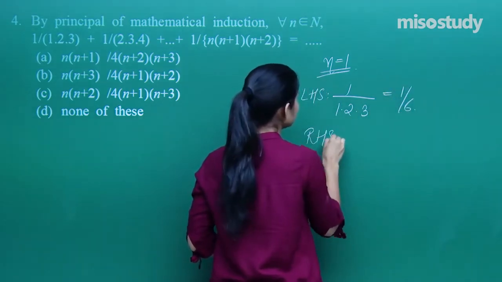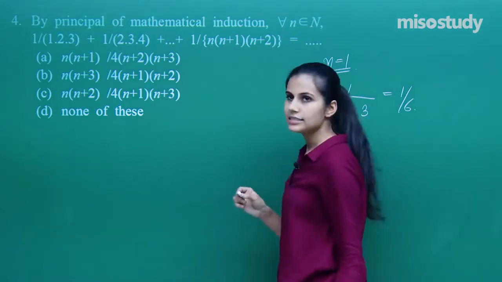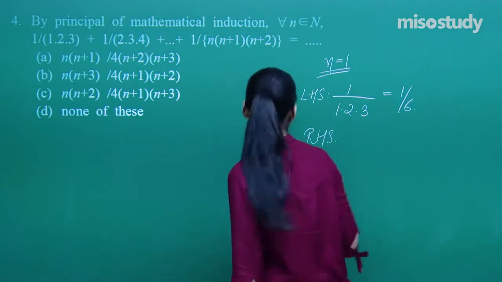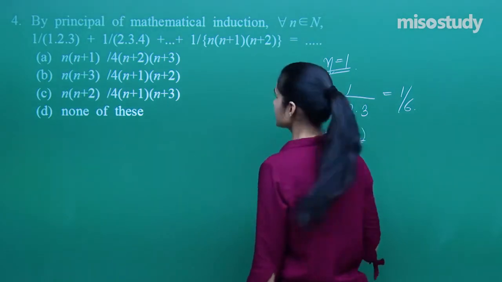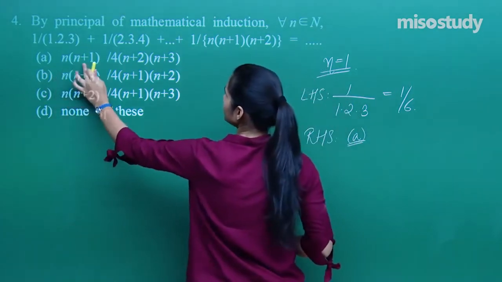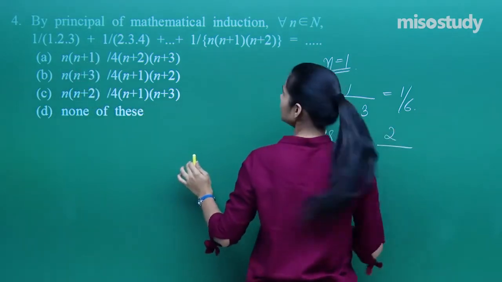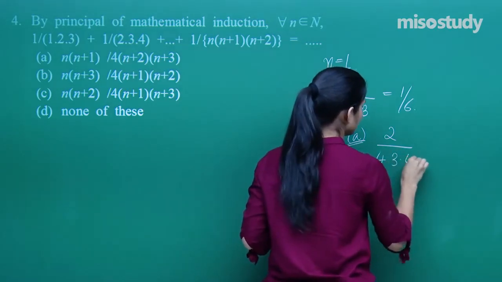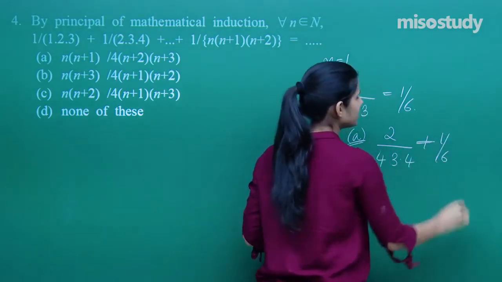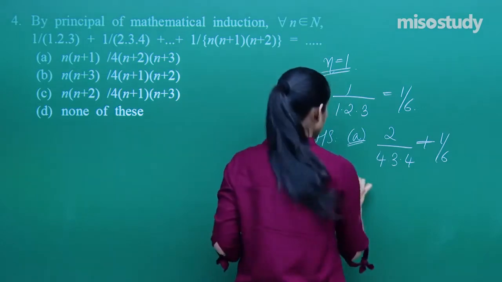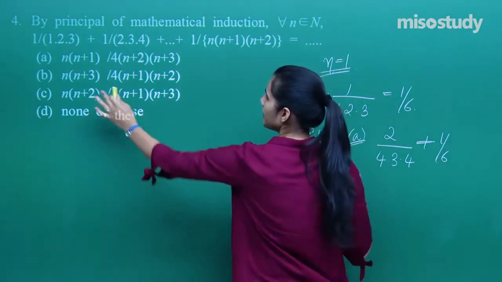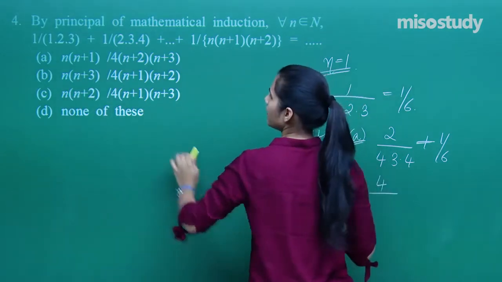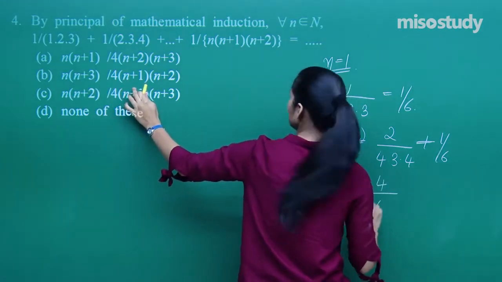Now the right hand side, let's see which among these right hand sides give me 1 upon 6 for n equals 1. If I put n equals 1 over here in A, if A is my right hand side, I get 1 into 2, that is 2, upon 4 into 3 into 4. This is not equal to 1 by 6. If my RHS is B, then you get 1 into 4 upon 4 into 2 into 3.